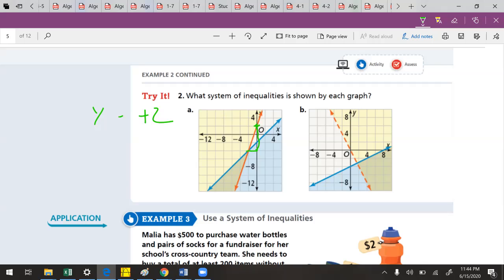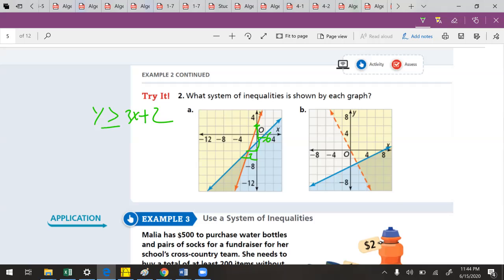So it's going to be -3x, because when I divide -6 by -2, it's actually +3, my bad. Now here's the other kicker. Since the shading is above, it's going to be greater than or equal to, because the shading is above it.